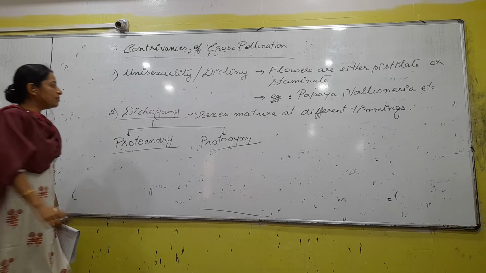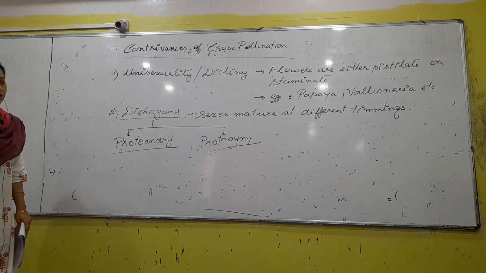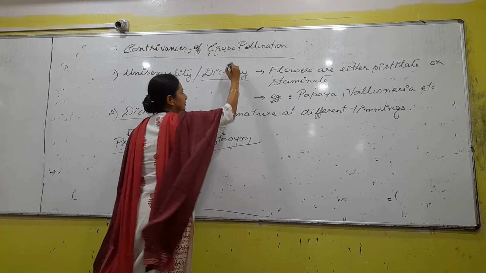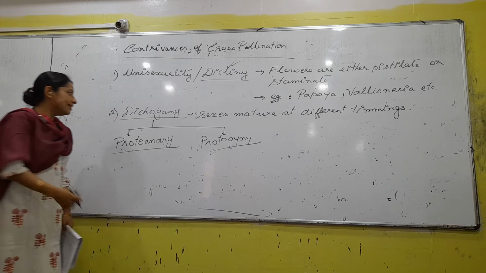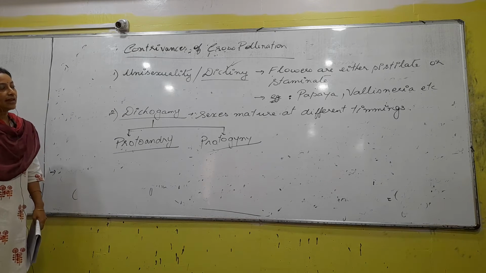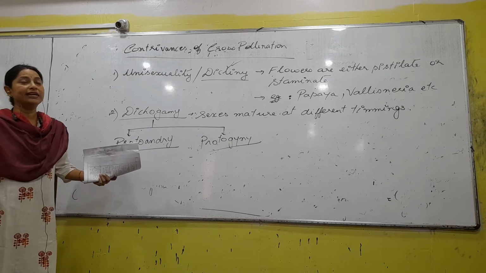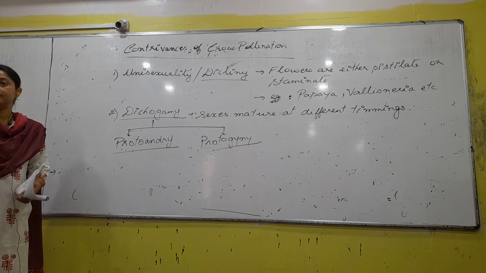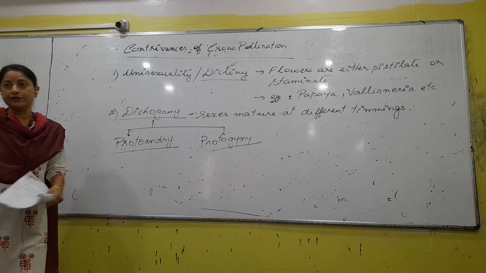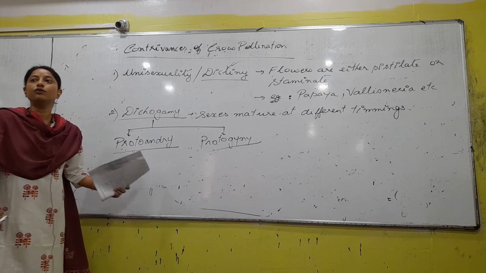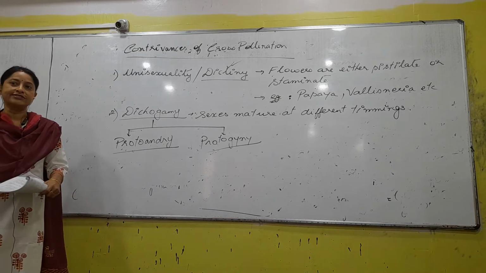Okay, so talking about unisexuality, we understood the meaning. Next, dichogamy, sexes mature at different timings, and if you are talking about maturing at different timings, either the androecium will mature first or the gynoecium will mature first. So accordingly, we have two terms, proto-andry, androecium matures first, right?